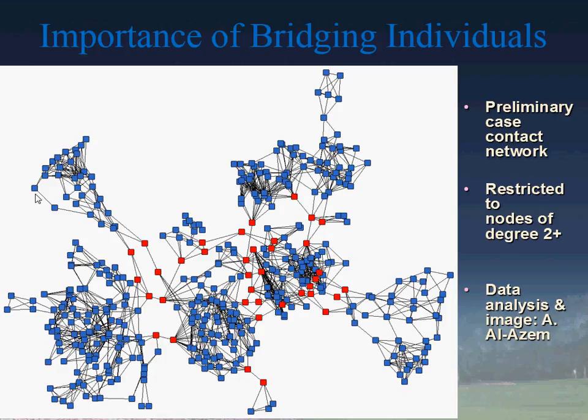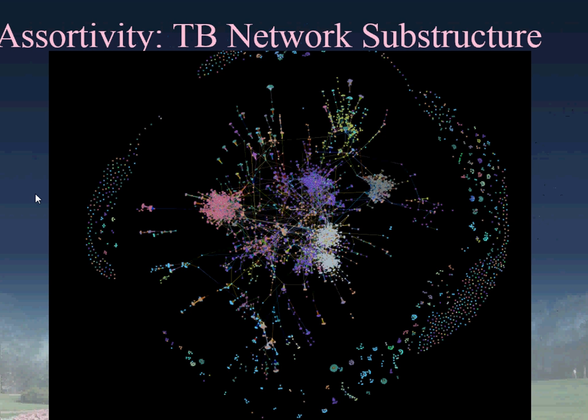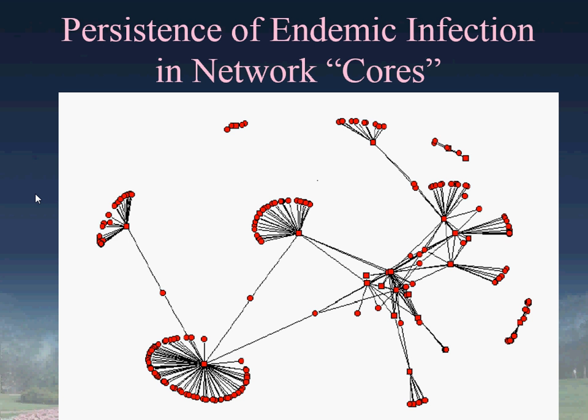There's a lot of interest in intervening in a way these days that takes into account network context. For example, identifying bridging individuals who span multiple communities and may be important gateways not only for pathogens but for knowledge, attitudes, and beliefs. Taking advantage of assortativity, the fact that there's homophily, people like to spend time around others.